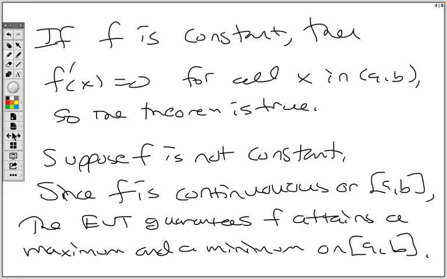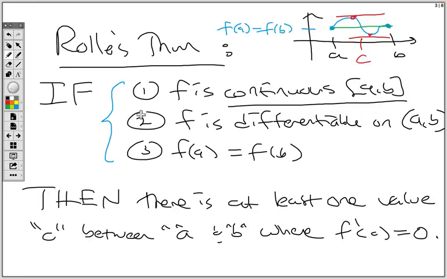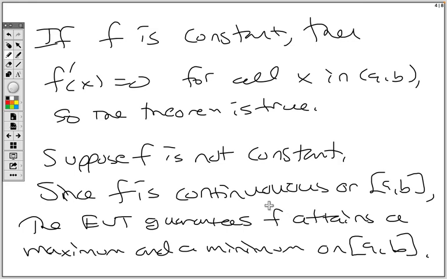Now, it's completely possible that one of the maxes or one of the mins happens at the endpoints, because we know from what we've been doing that the maximum or minimum could happen at the endpoints.